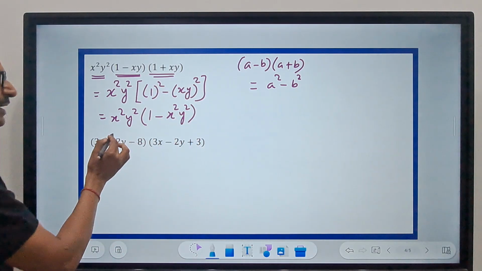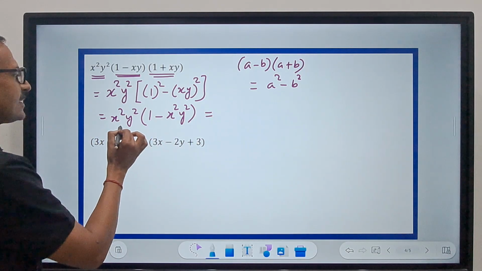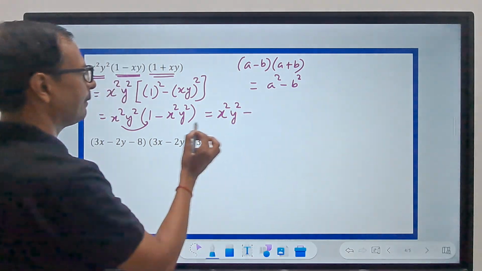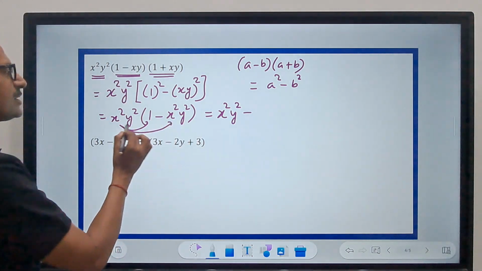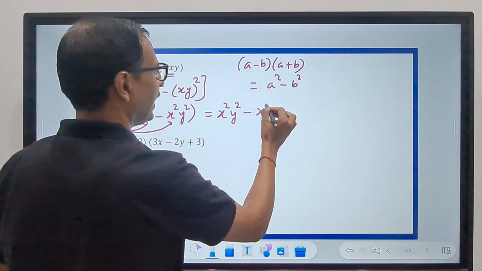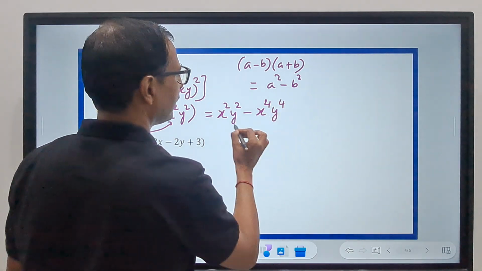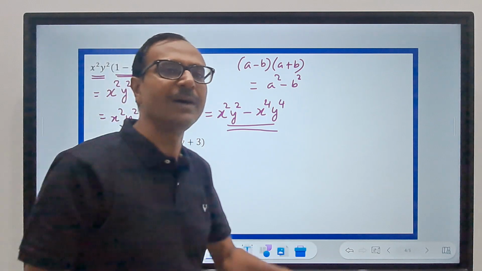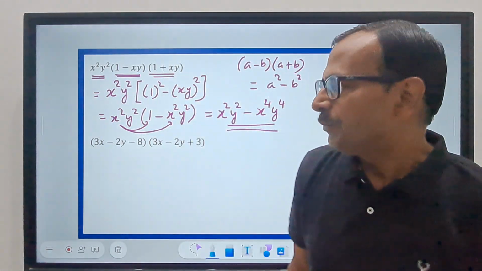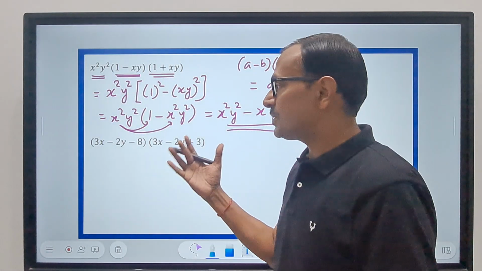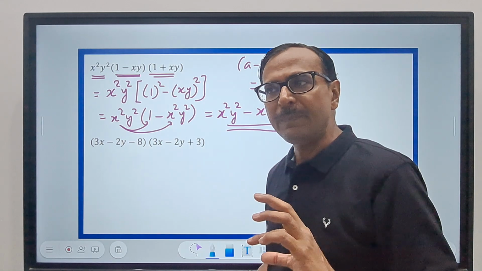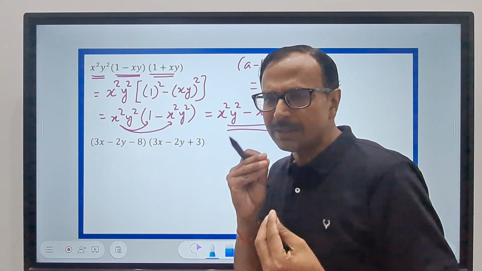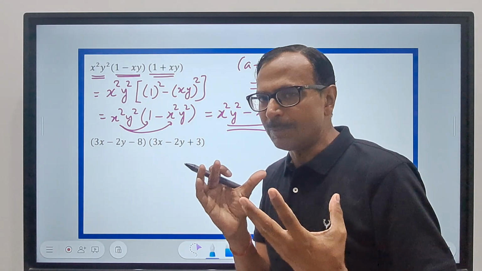Now this is the correct answer, or I can multiply x square y square inside by 1, so I get x square y square, minus, if I multiply x square y square by x square y square, I get x power 4 y power 4, which is the simplified version of this particular expression which is given in the question. What happens in these questions is the basic mistakes, the common mistakes which the students do, and if you are a little careful, algebra is not going to trouble you, right?